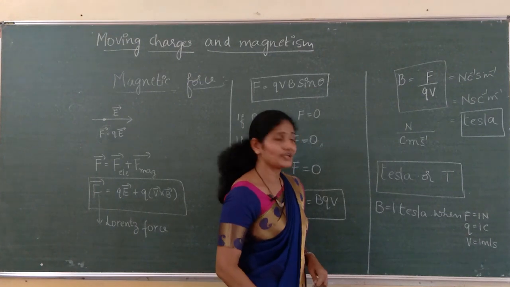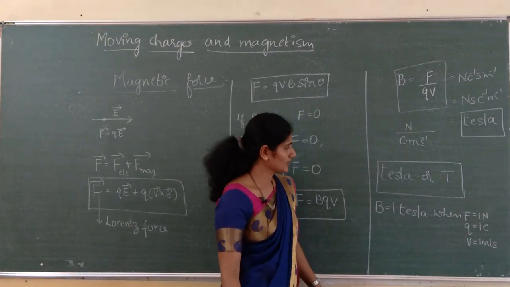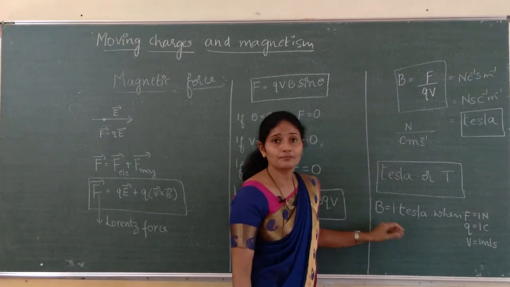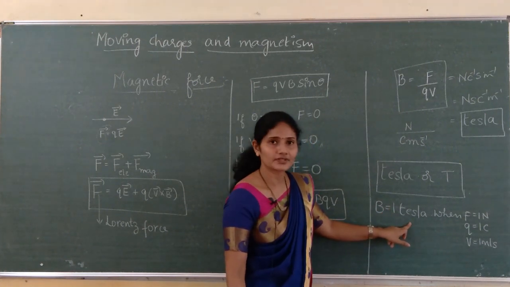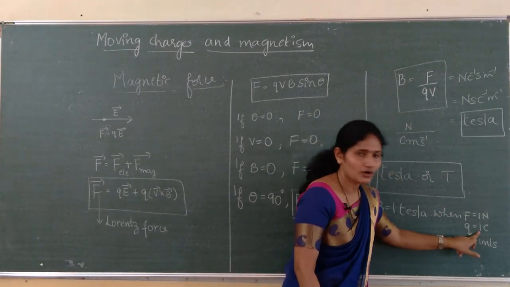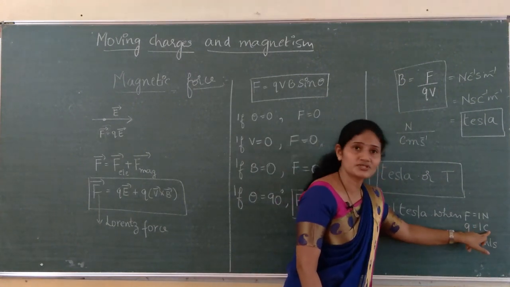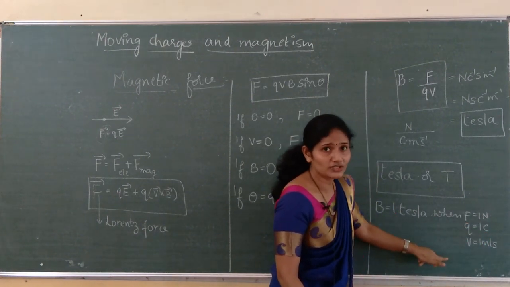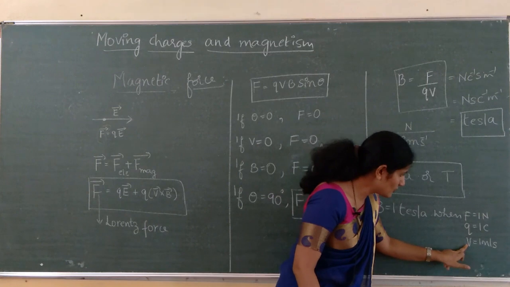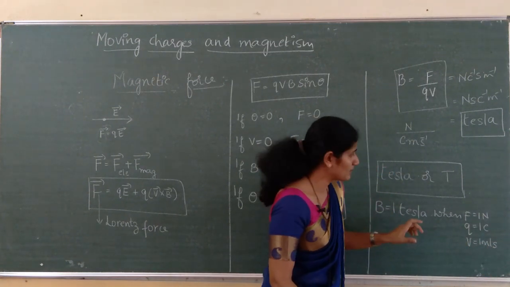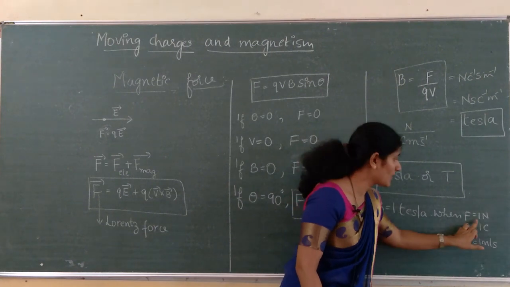How to define 1 Tesla? Magnetic field is said to be 1 Tesla when a 1 Coulomb charge moving perpendicular to the magnetic field with the velocity 1 meter per second experiences a magnetic force of 1 Newton.